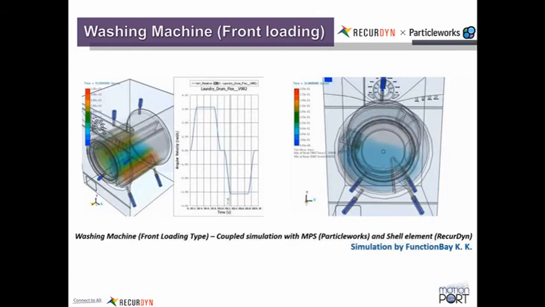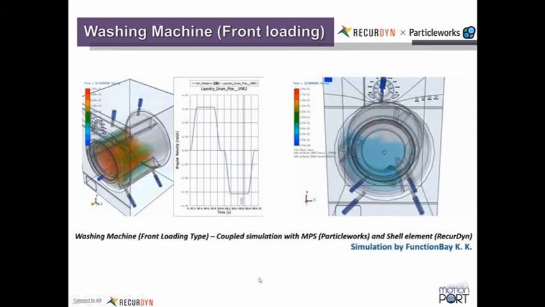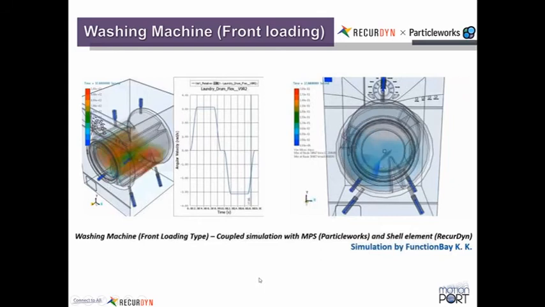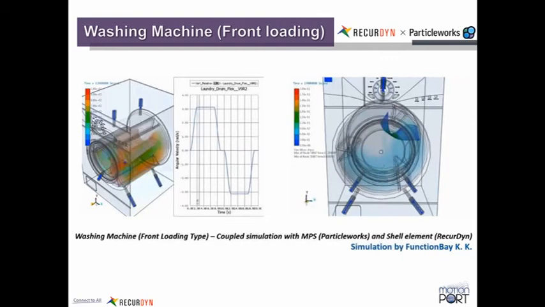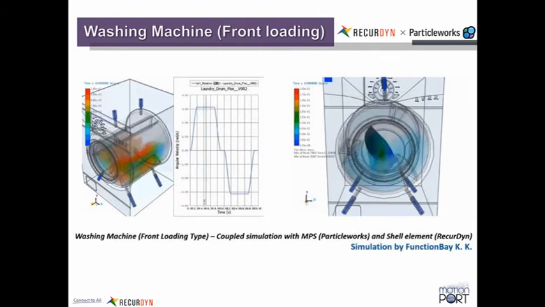Okay, great. So this next slide here, we're looking at a front-loading wash machine, and if you've ever seen those operate, they turn in a certain direction, come to a halt, turn in the other direction.